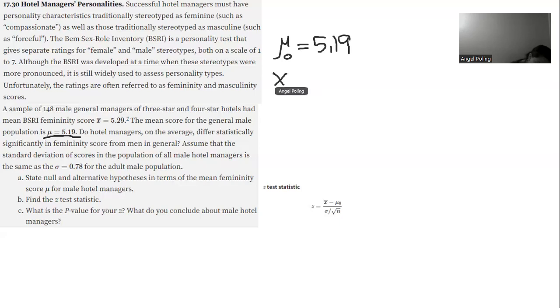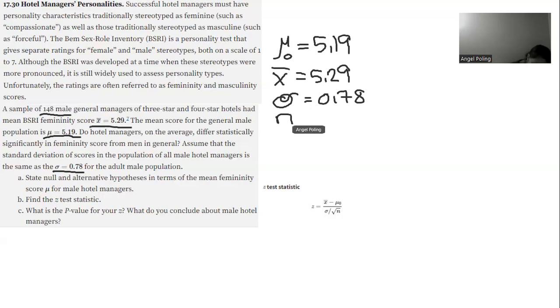Our X bar is 5.29. Our sigma was given to us at 0.78. And we have 148 individuals. So n equals 148.